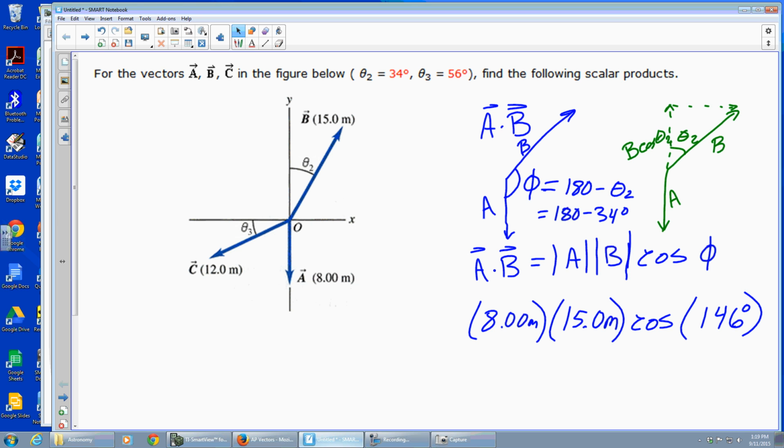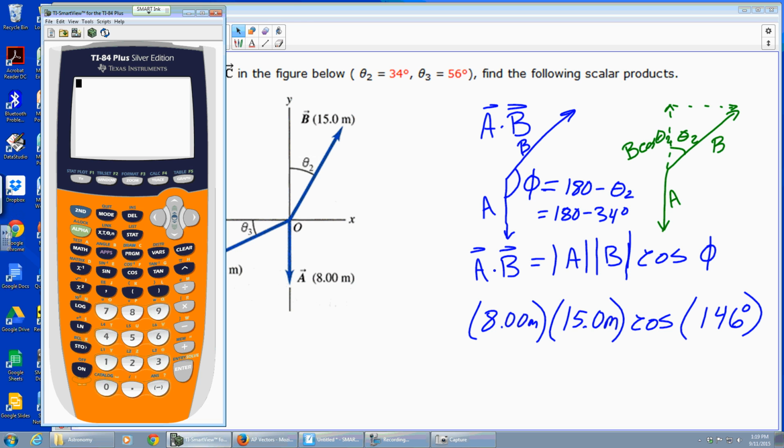Let's see if that comes out correct. I should probably check my mode, and I'm in radians, so I don't want to be in radians. I need to be in degrees. There we go. Good thing to always check, right?